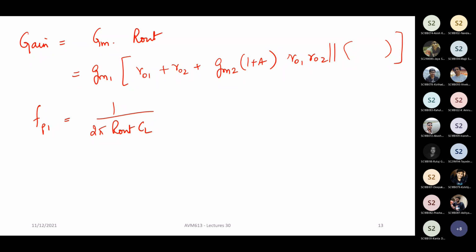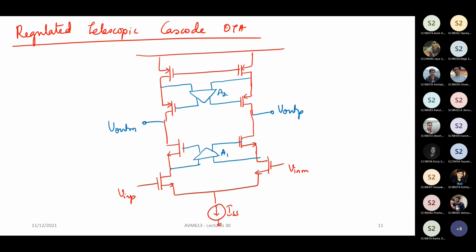Sorry, that is your first pole. Obviously you will have additional poles because at these other nodes you are going to have capacitance, so they will also contribute.